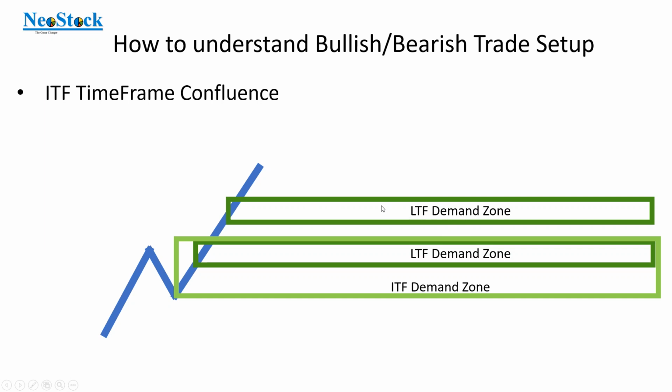It will not let the prices get into the second LTF demand zone, which is inside the ITF demand zone. The moment prices enter, it will push the market up. So we won't get the trade. We keep on waiting, but we won't get the trade. And here the trade opportunity we will miss.